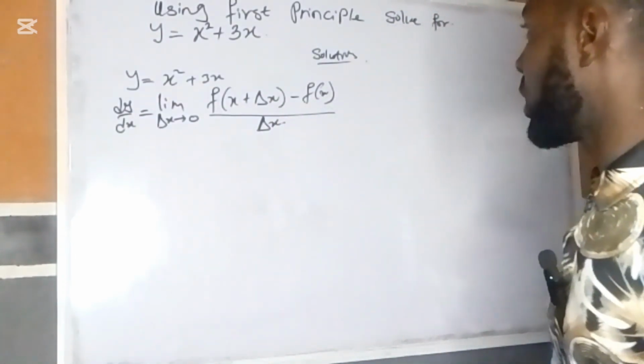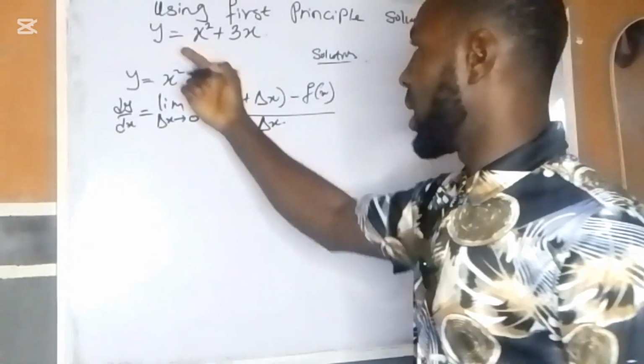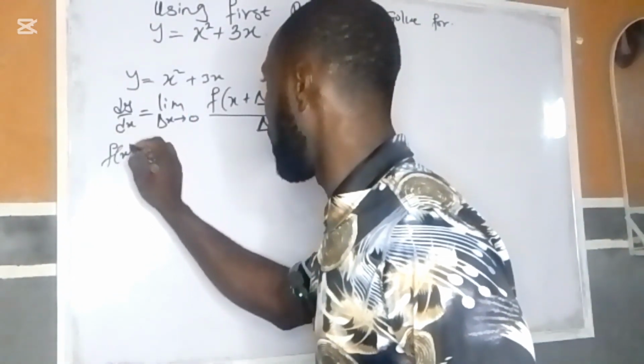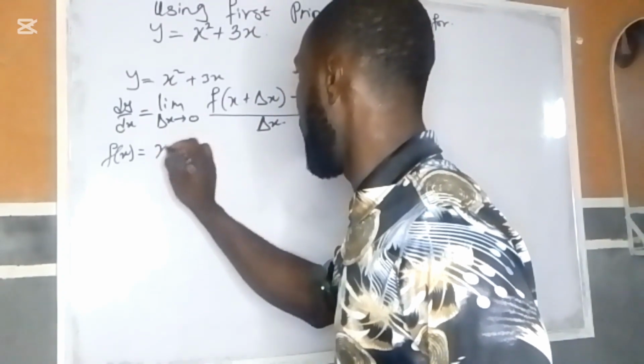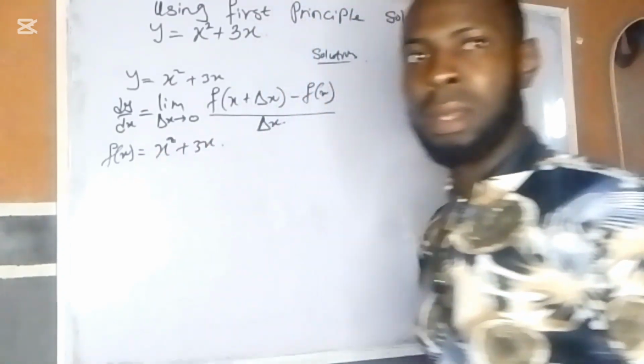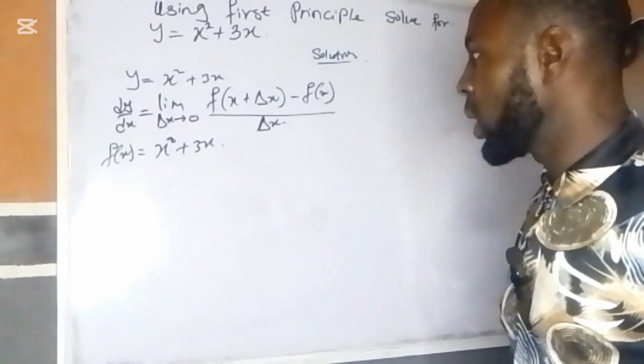Now, the second one is that our f of x is something as y, right? So our f of x is x squared plus 3x. Now, what do we need?